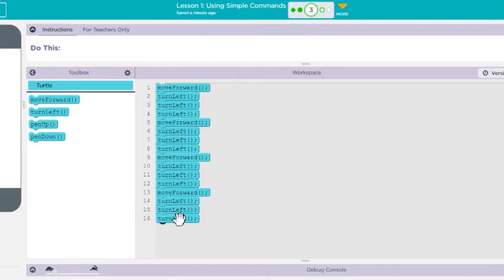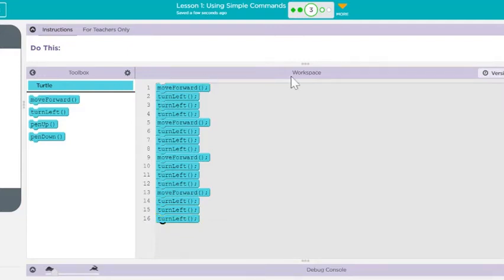And I'm just going to run through my program 1 more time. Making a right hand turn by turning left 3 times. Now is making the final right turn.